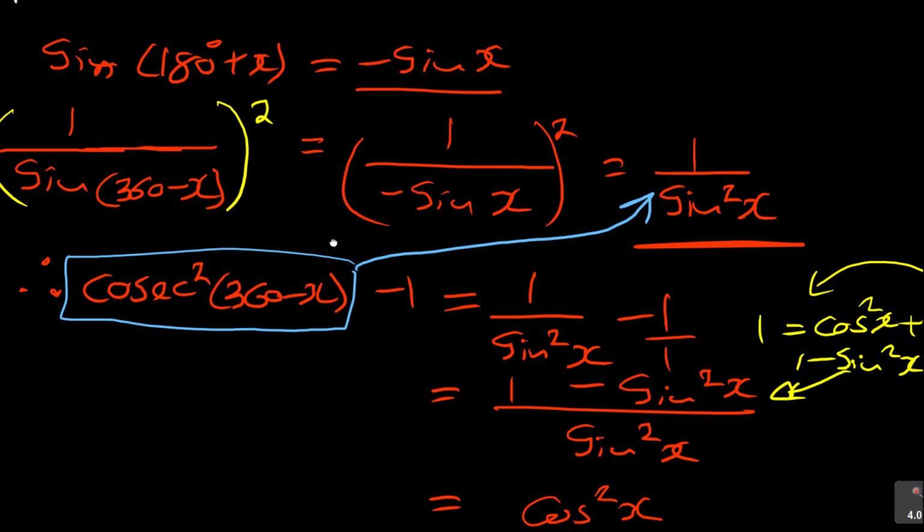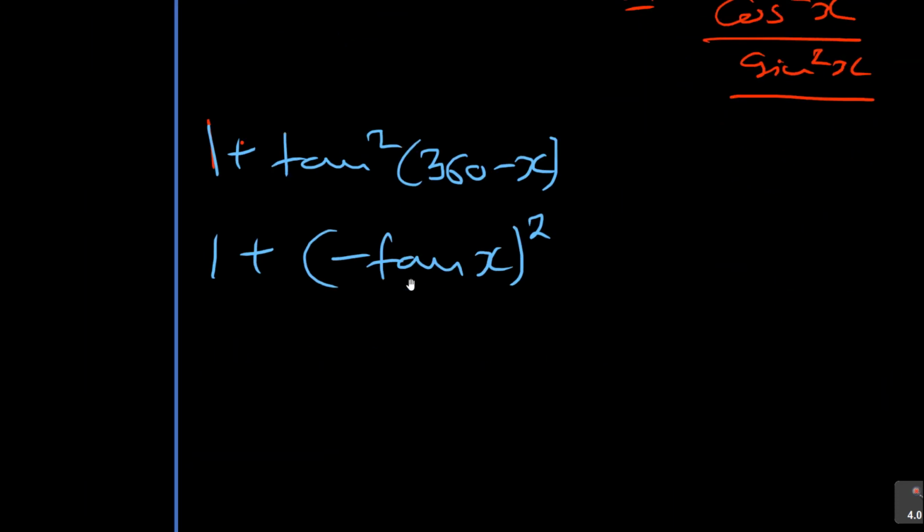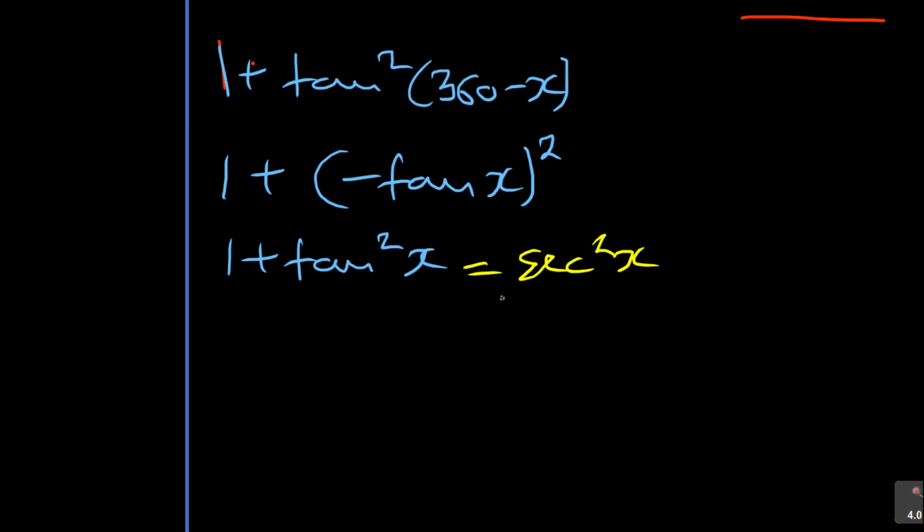Remember, with cos, we put a square, and the negative was inside the square. So even here you do that, which simply becomes 1 plus tan squared x. But this is just sec squared x. But now I just want to check whether I'm doing this right. Let's say I don't know this part, but I think there's an identity there.